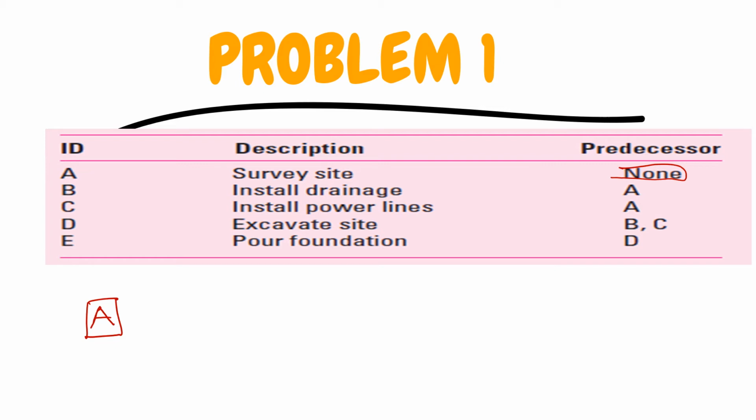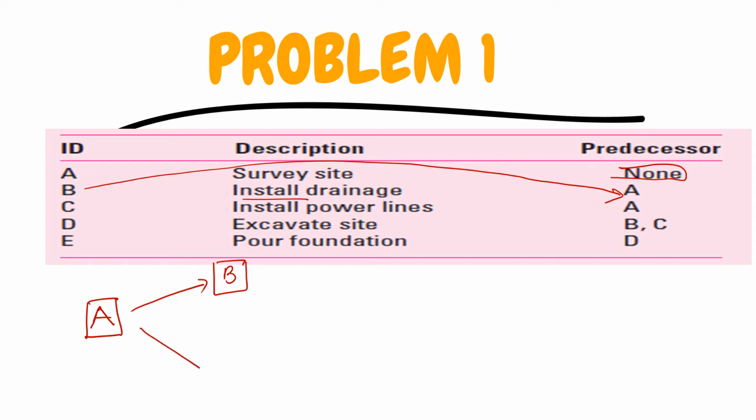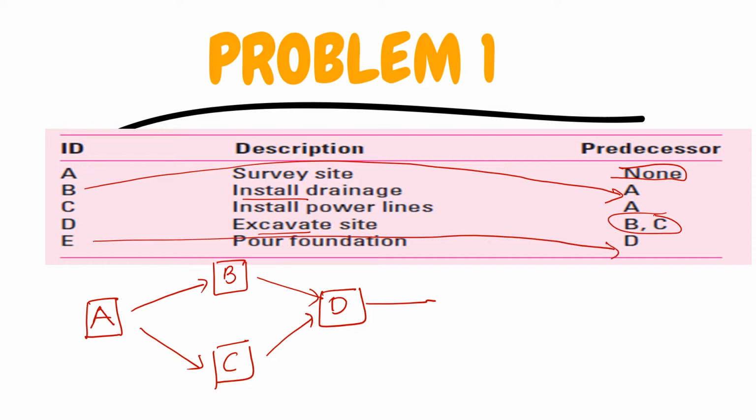Activity B, which is installing the drainage, depends on completion of activity A. So this would mean that activity B would follow activity A. Activity C also depends on completion of activity A. Activity D, which is excavation of sites, requires completion of both activities B and C. So we would plot D here, and the last activity is activity E, which is dependent on activity D.